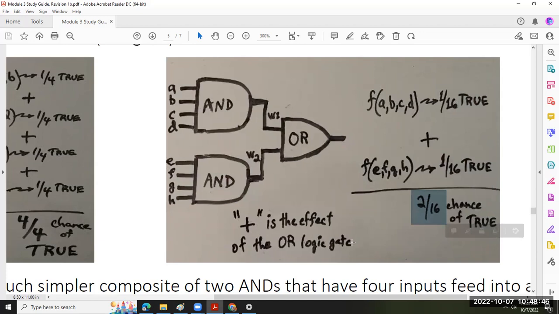If true means you win on the slot machine, which one do you want operating if you want to win on that slot machine more often? This one or this one? The smaller one. Yeah, this one.